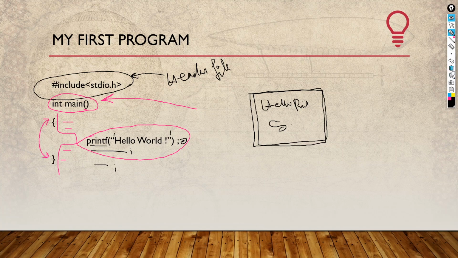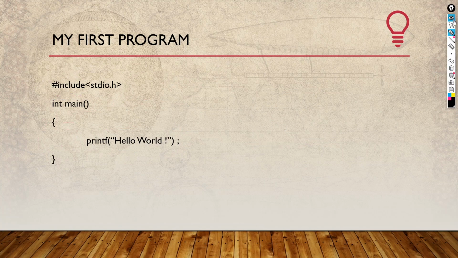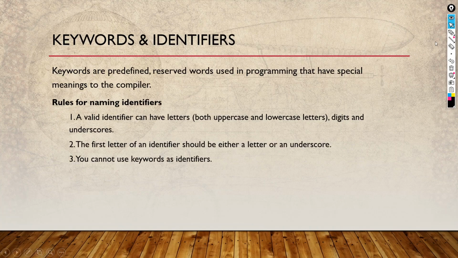So let's go to the next slide. I hope it's clear right now, but I'll discuss it further later. Now what are keywords and identifiers? Keywords are words that have some predefined meaning in the program. Suppose in the classroom you say chalk. Chalk has some predefined meaning.